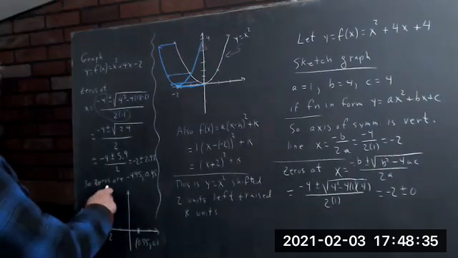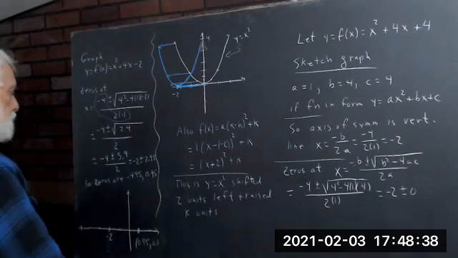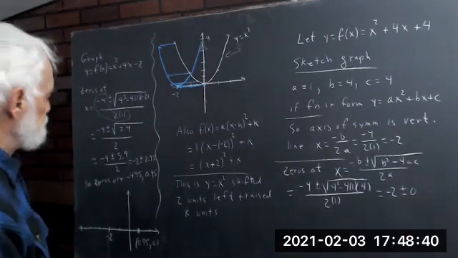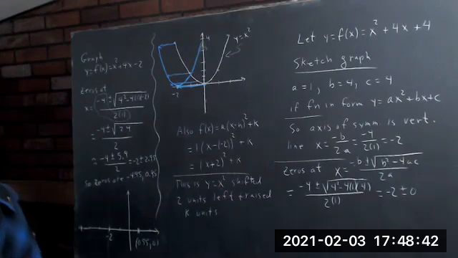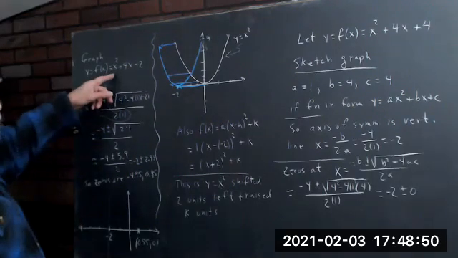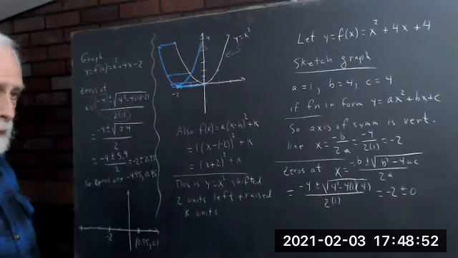Okay, so now we know that we have this axis of symmetry. We could conclude that this graph is going to have the same shape as the y=x² graph.